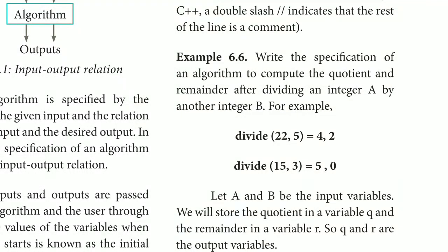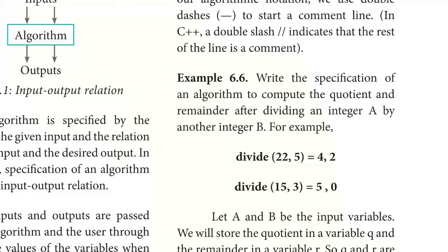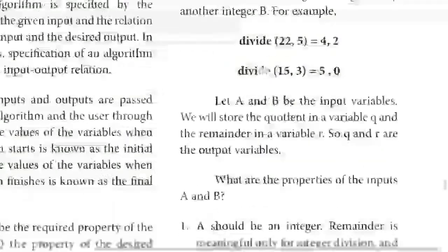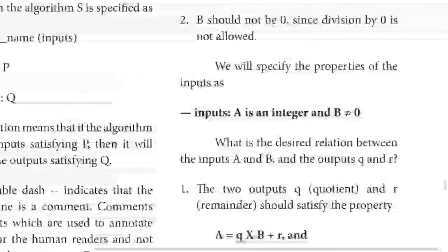Write the specification of the algorithm to compute the quotient and remainder after dividing an integer a by another integer b. For example, 22 divided by 5. 22, 4 5s are 20, so 2 is the remainder: 4 comma 2. 15 divided by 3: 5 3s are 15, so remainder is 0.